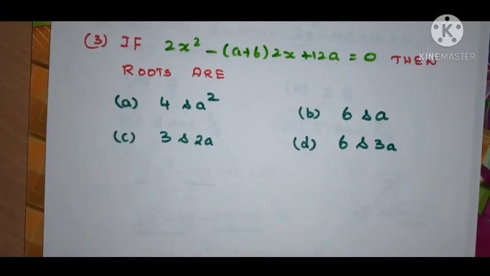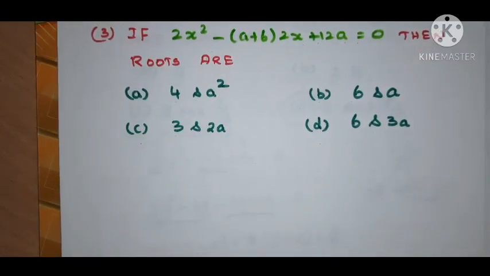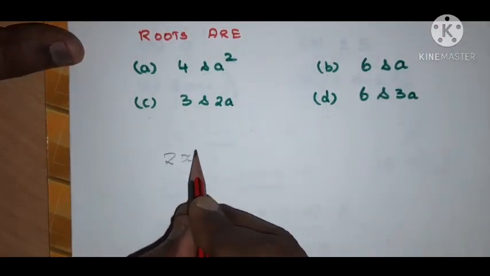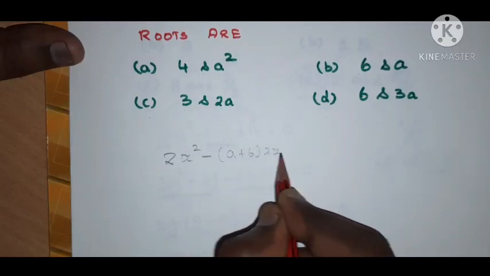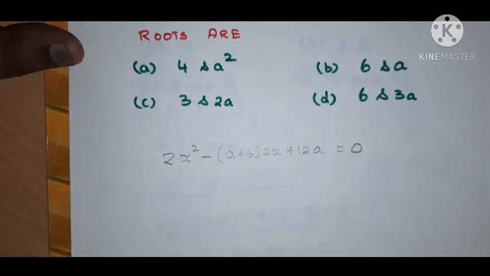This is also a factorization method only. It's a simple thing, but presence of mind is very important. We'll write the expression: 2x squared minus (a plus 6) into 2x plus 12a is equal to 0. This is the expression given.